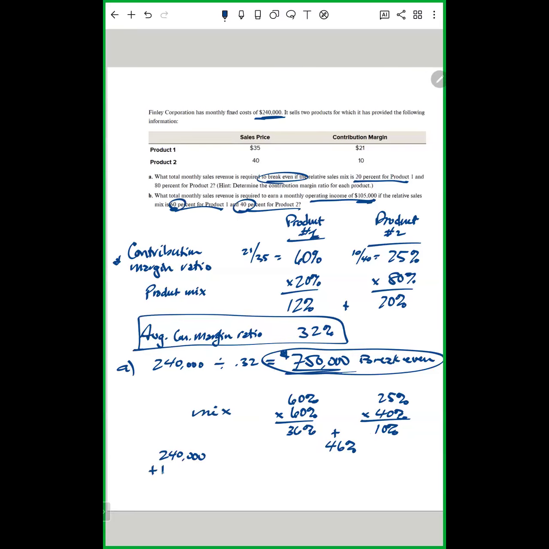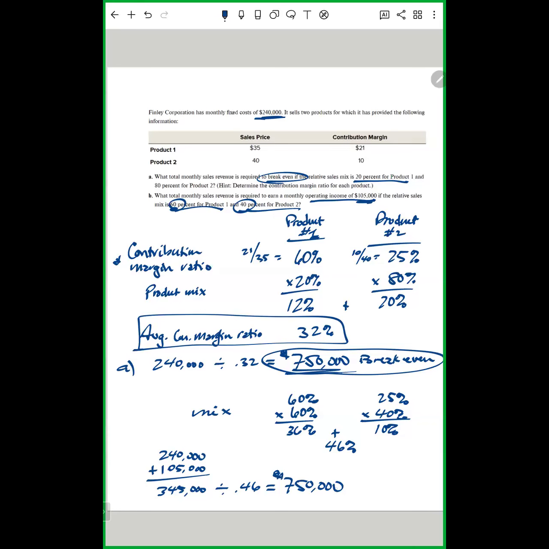So now we're going to add the 105. So 345, and now divided by the 0.46. So 345 divided by 0.46 gives me 750,000.